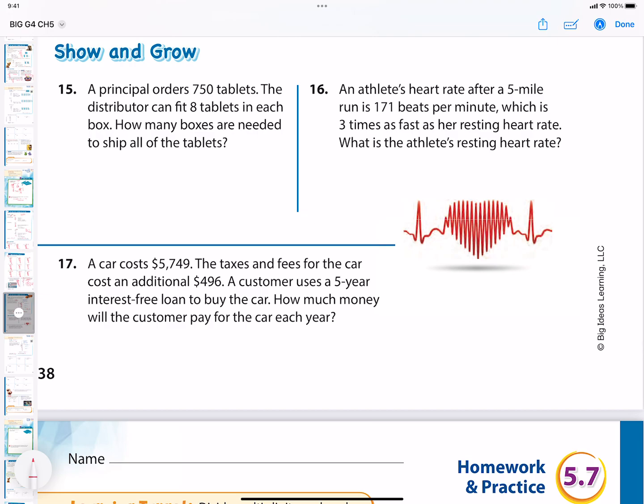Principal orders 750 tablets. The distributor can fit 8 tablets in each box. How many boxes are needed to ship all of the tablets? Okay, this is the question. How many boxes are needed to ship all of the tablets?